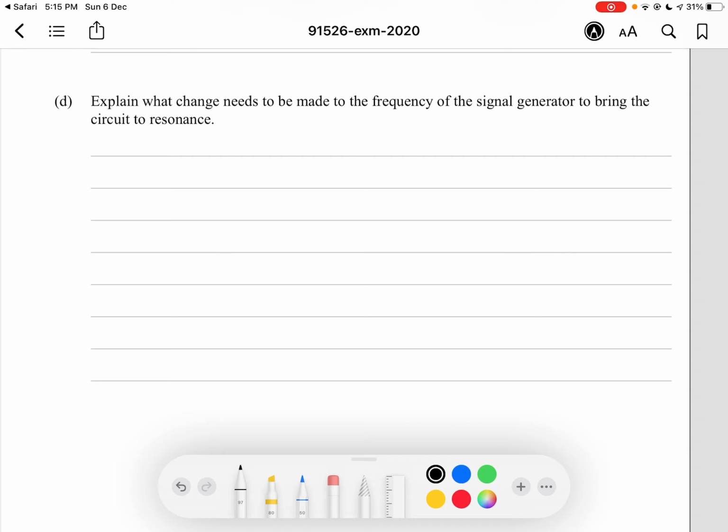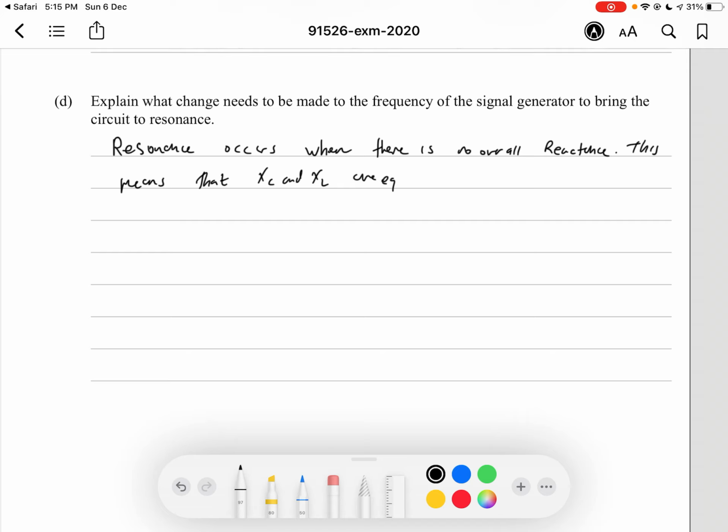So first we need to explain what resonance is. So we can say that resonance occurs when there is no net reactance. This means that XC and XL are equal.